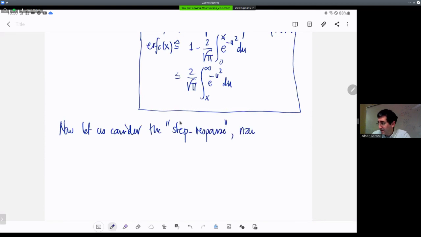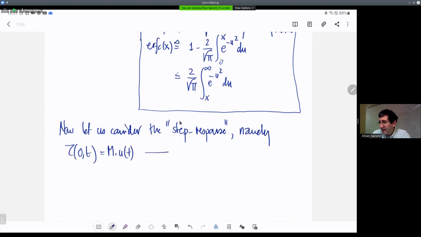Namely, what we mean by step response is that I am applying a step input, a step temperature input to the boundary. So I have tau 0 of t, which is the boundary condition, equal to m times u of t.